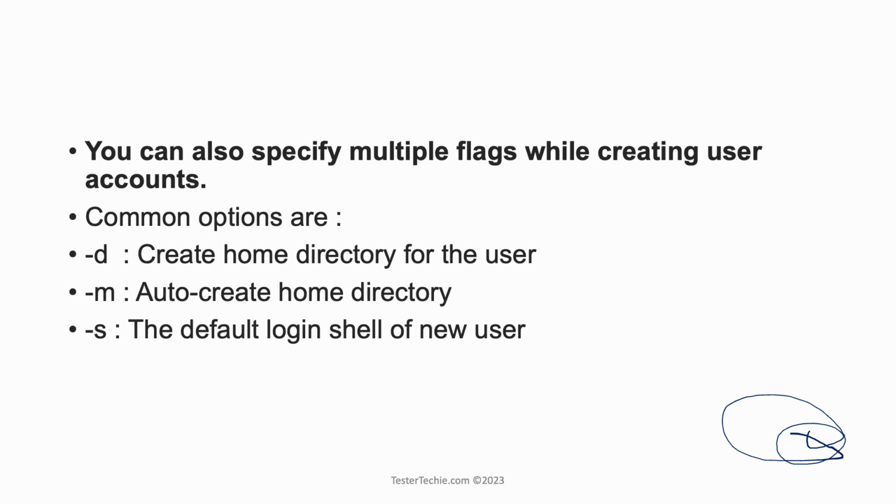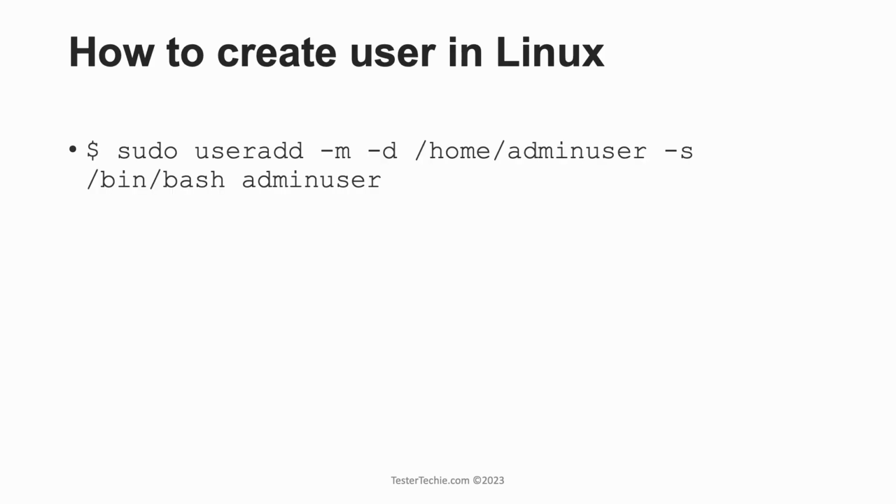Then -s is the shell of a new user. By default it will be the bash shell. There are different kinds of shells like bash, sh, ksh, which I'll explain maybe in some other video. However, for now you can use the -s option.